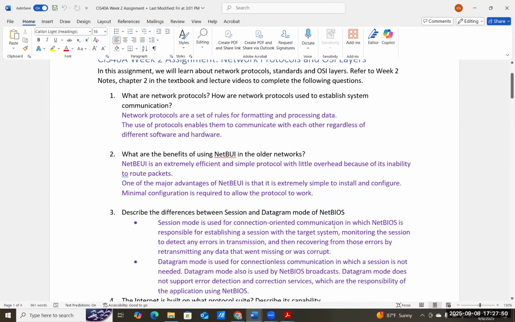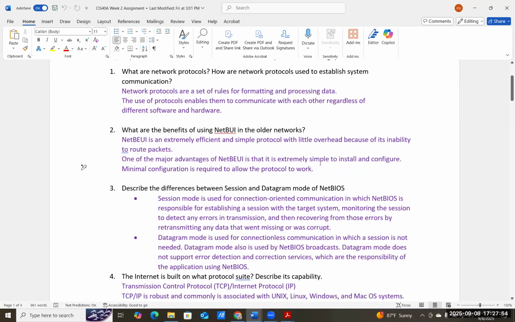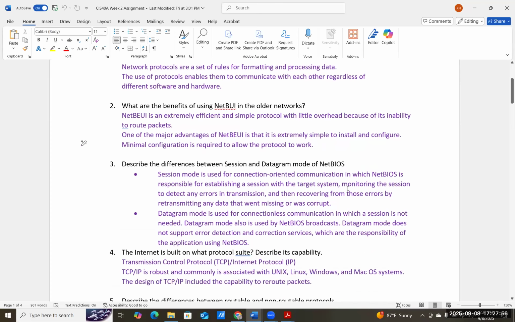Now, with NetBIOS, which is an extension of that with the user interface, when you configure it there are 2 modes that you work with. One is session mode, and this relies on being connection-oriented.